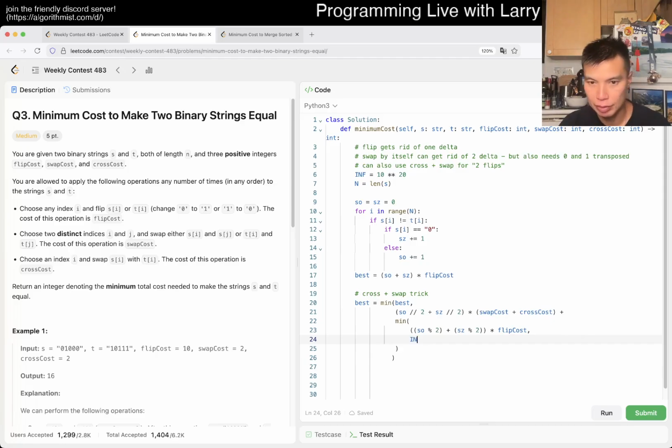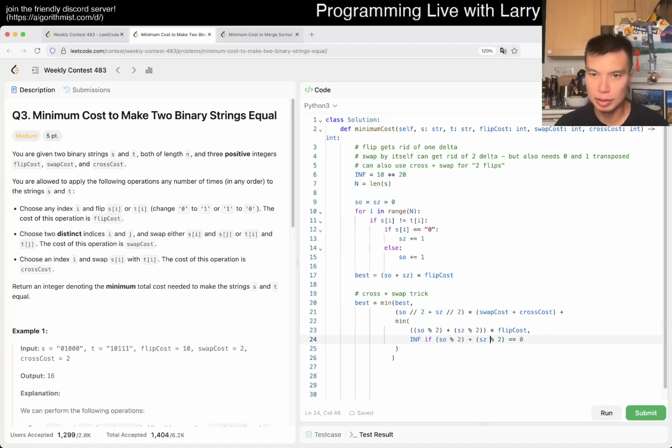So okay, infinity if this is equal to 0, that means that they're both 0.